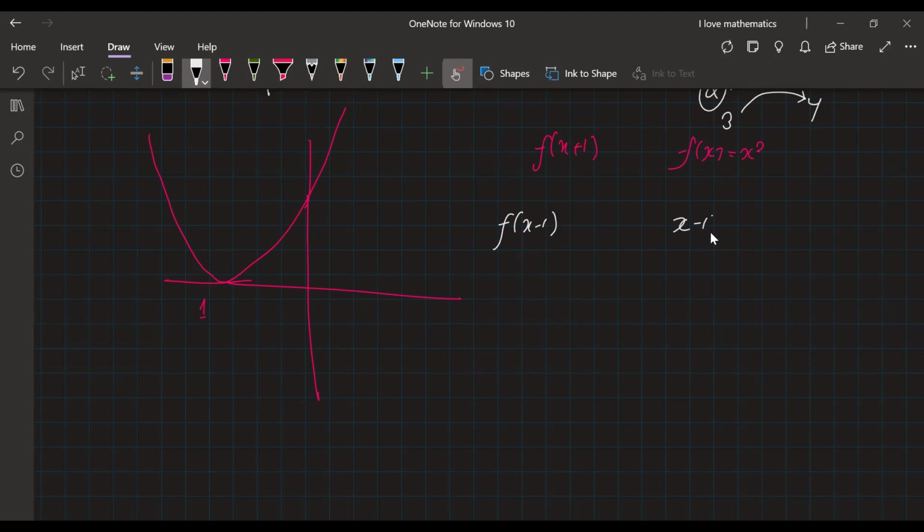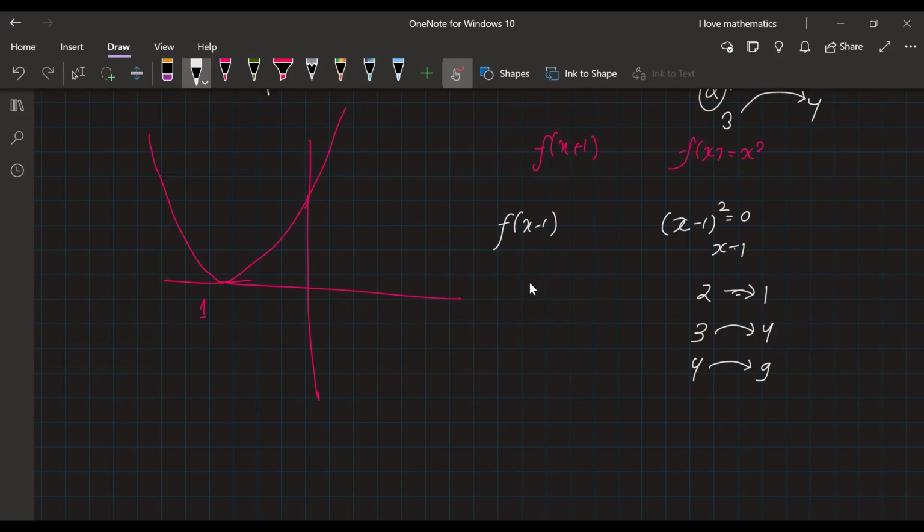Similarly, x minus 1 squared is 0 at x equals 1. At x equals 2, it gives value 1. It gives value 4 at x equals 3. It gives value of 9 at x equals 4.